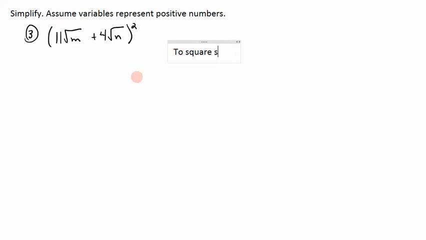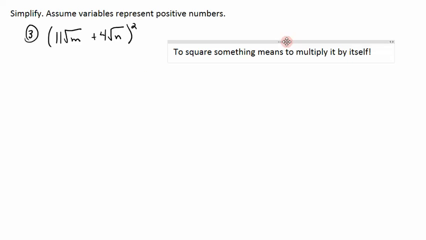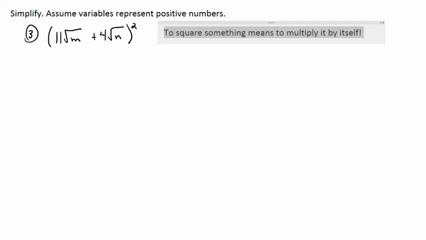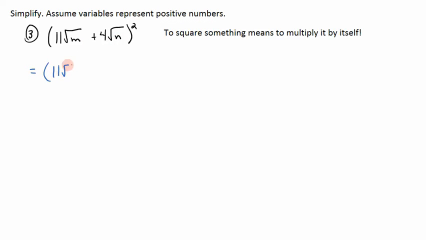To square something means to multiply it by itself. Don't try to create a rule that doesn't work. Instead, just use what you know. And we know that to square something means multiply it by itself. So I have 11 square roots of m plus 4 square roots of n times itself.